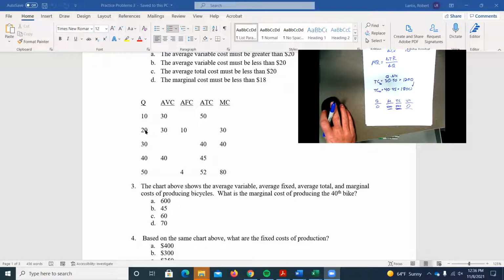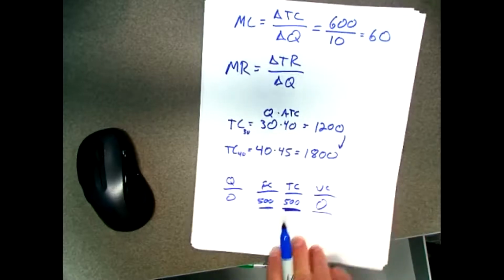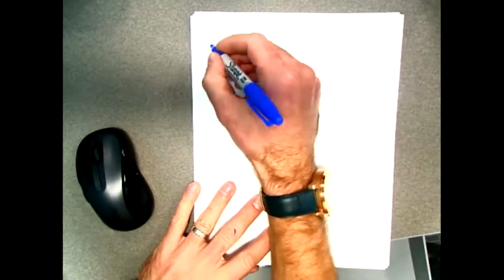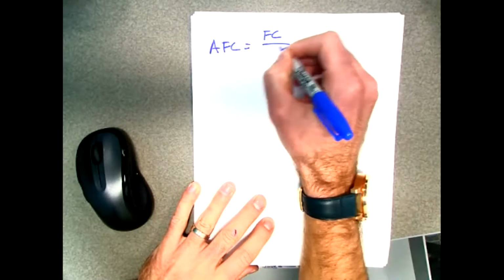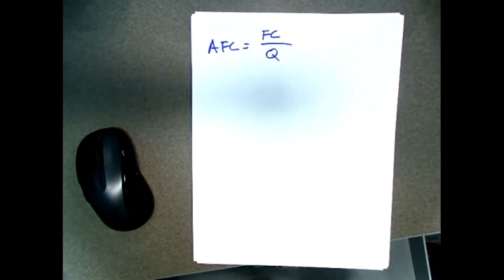So when I'm producing 20 units, my average fixed cost per unit would be $10. Okay. So if we go to thinking about averages, when we're thinking about averages, that's simply taking a total and dividing it by the quantity. So my average fixed cost is just take my total fixed cost and divide it by how many units I'm producing.